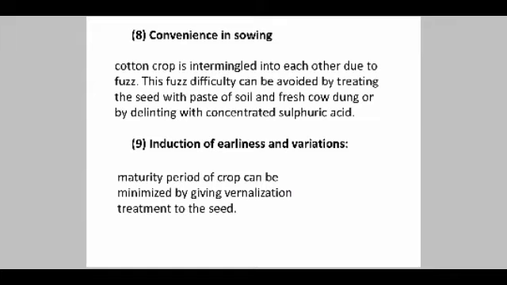Next is the induction of earliness and variations. The maturity period of a crop can be shortened by giving vernalization treatment, that means freezing treatment, to the seed. Similarly, variation in the original morphological and general structure of the seed can be achieved by giving radiation treatment to the seed.